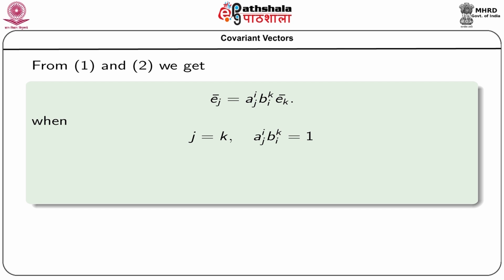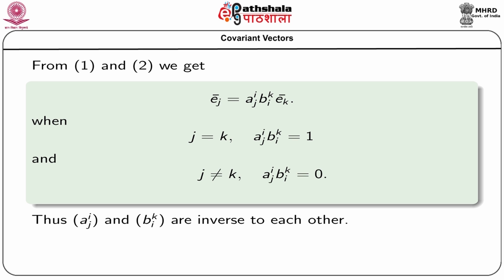Now, when j is equal to k, then A_ij B_ki is equal to 1, and for j not equal to k, this expression is 0. Thus, what we can observe from these two expressions is that A_ij and B_ki are inverse to each other.